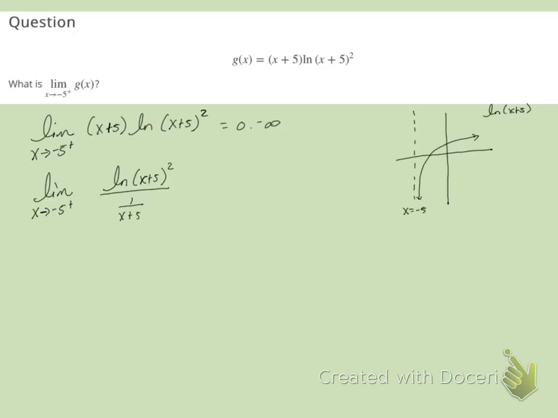And now when we do that, we have -infinity over 1 over 0, which is infinity, and now we have that indeterminate form of infinity over infinity.